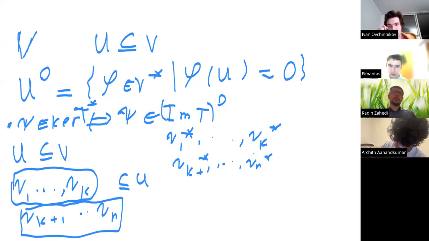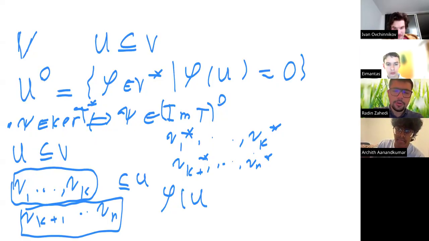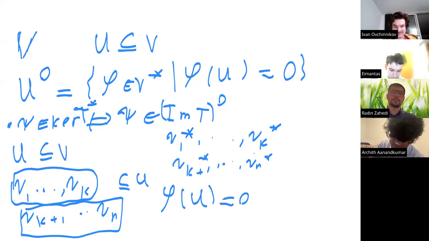And we want to find all linear functionals constructible from these dual bases such that they are 0 on all of U. So what are some examples?